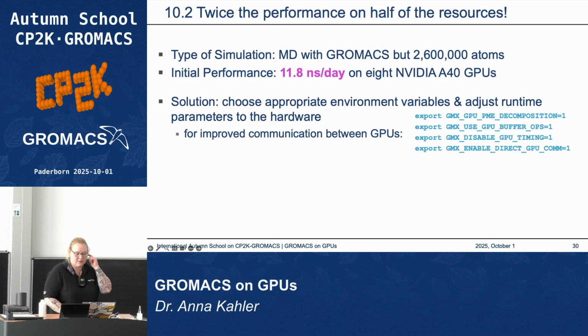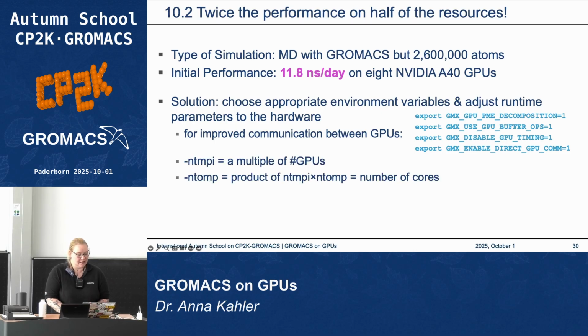So this is where I use these Halo transfer variables for the improved communication, and then set the MPI and the NT-OMP to the correct settings. The user had tried something, but was oversubscribing the CPU. It wasn't the right number for the GPUs.